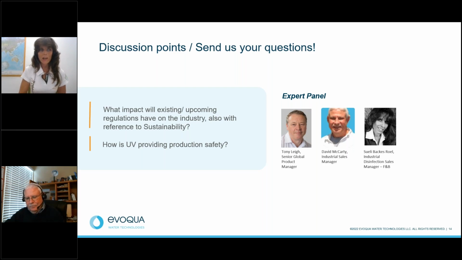The most important are flow and UVT, which is the transparency of the water, and there are instruments that can measure it for you. We work with some established values, but it's important because the UV dose is defined through the intensity and transparency and flow of the water.